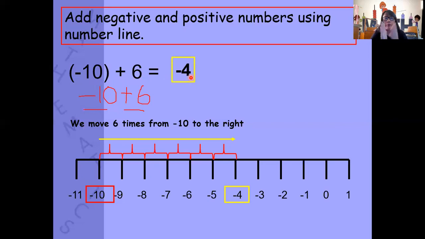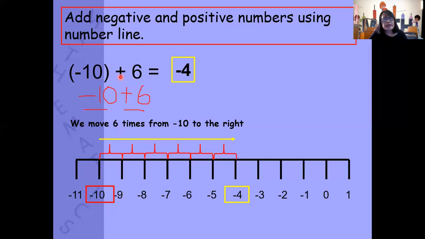So let's recap the first example of our lesson. The first step is you need to check what is the first number. Then you mark it in your number line. After that, you check the second number. Is it negative or positive? If it's positive, you move to the right because all positive numbers are to the right of 0.